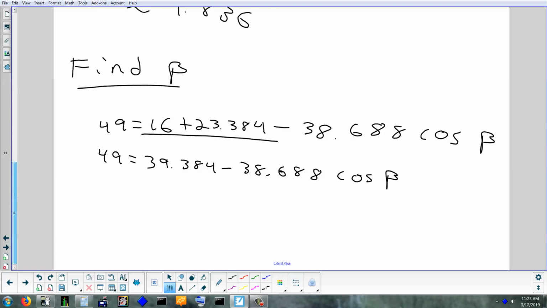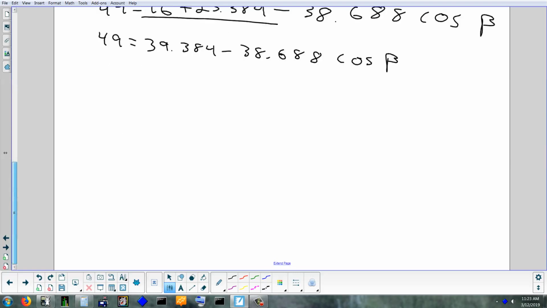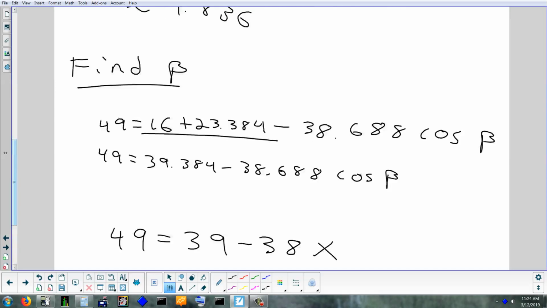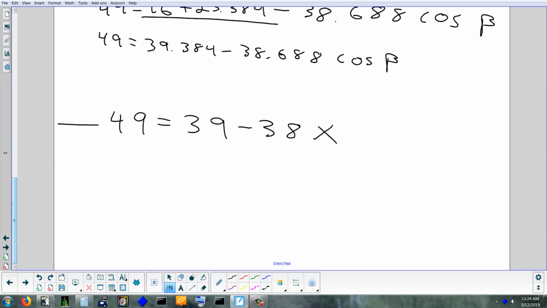They try to do something you can't do. That equation right there is basically like this. 49 equals 39 minus 38 times something you don't know. The something we don't know is cosine beta. But if this was your equation, what would you do next there to get x by itself?